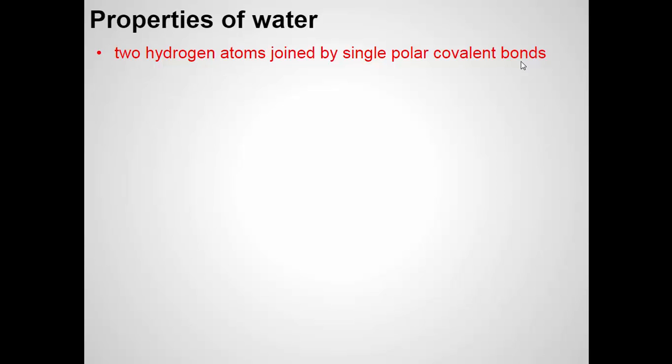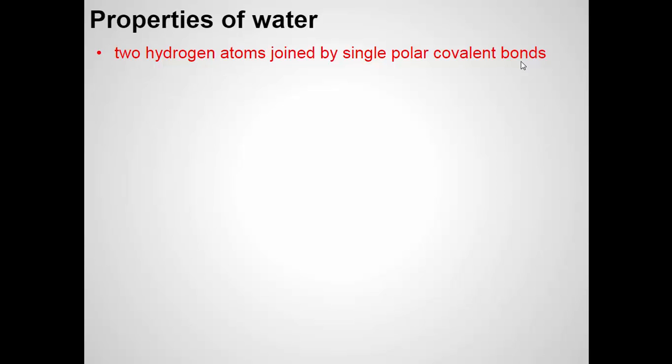So water is obviously 2 hydrogen atoms with what we call polar covalent bonds. So they're covalent bonds because the electrons are being shared between the hydrogen and oxygen. They're polar bonds because they're not shared equally.